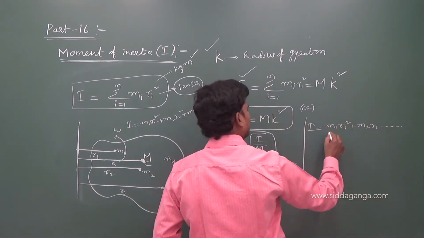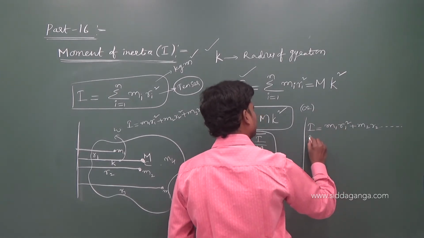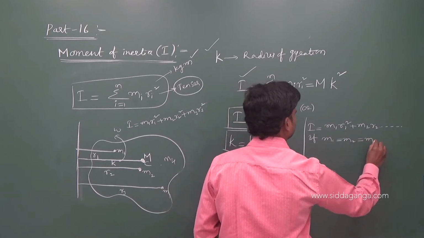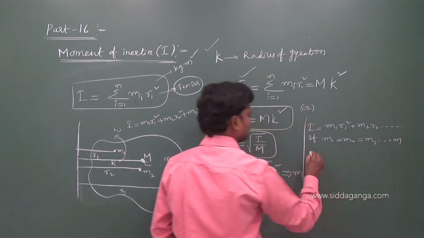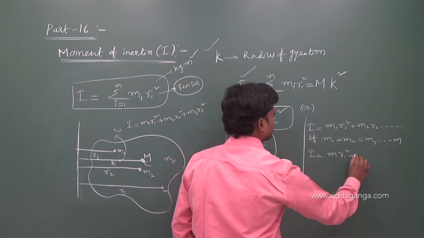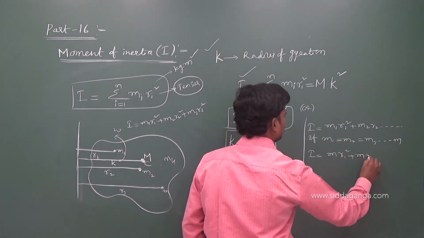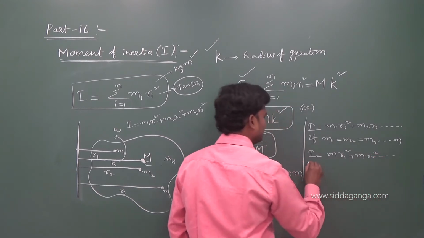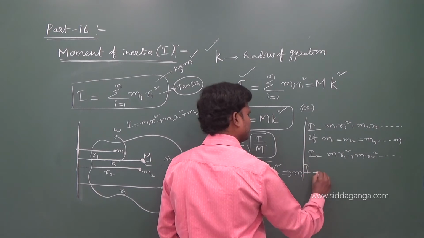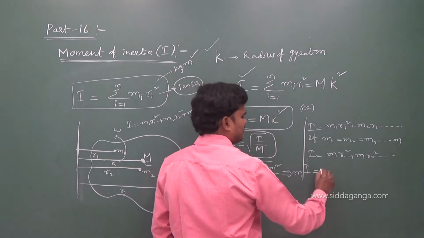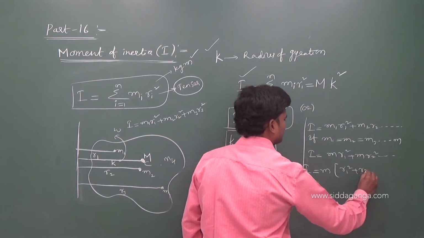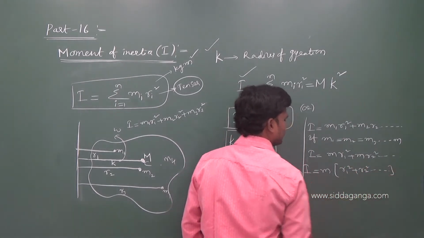If the mass of each particle is the same, then m r1 square, m r2 square, just see how I am extending this. Let me write I, if you take m common, r1 square plus r2 square, and so on.